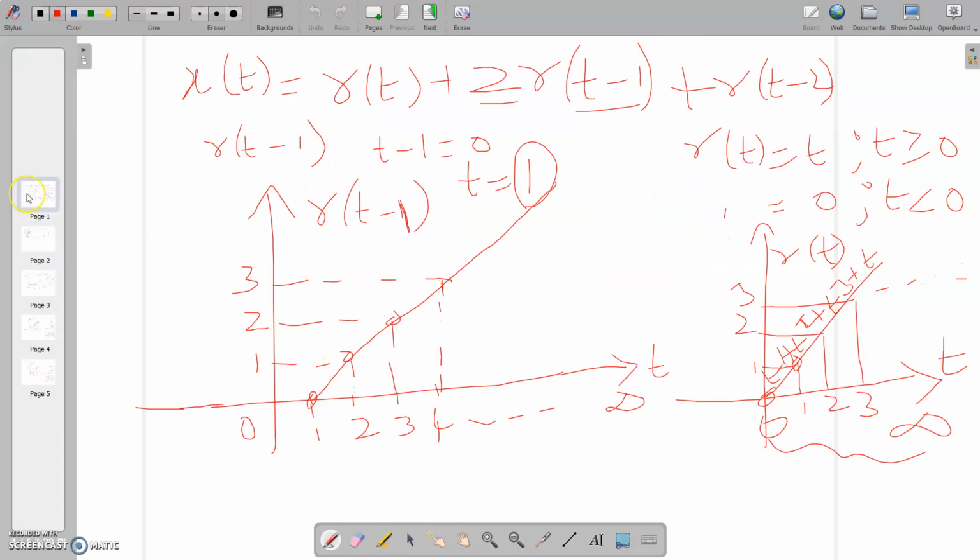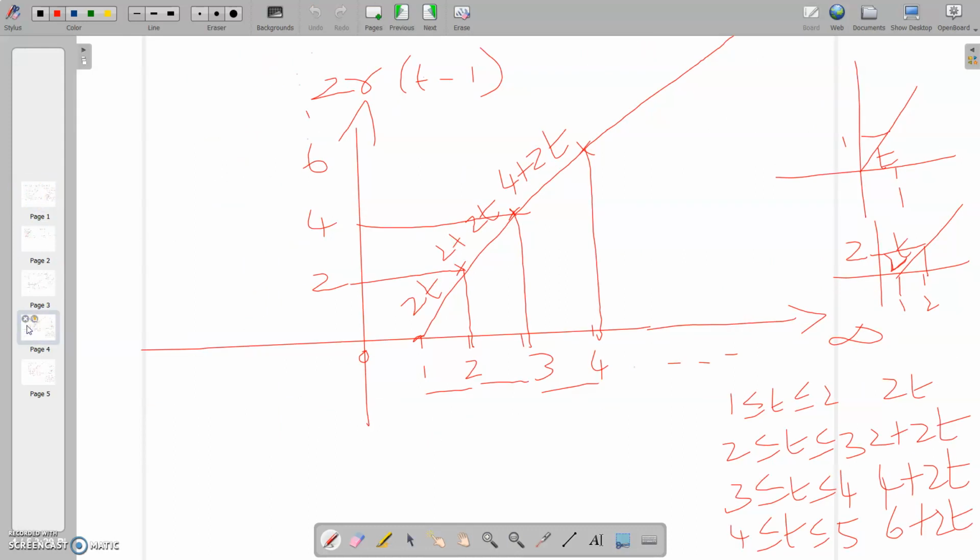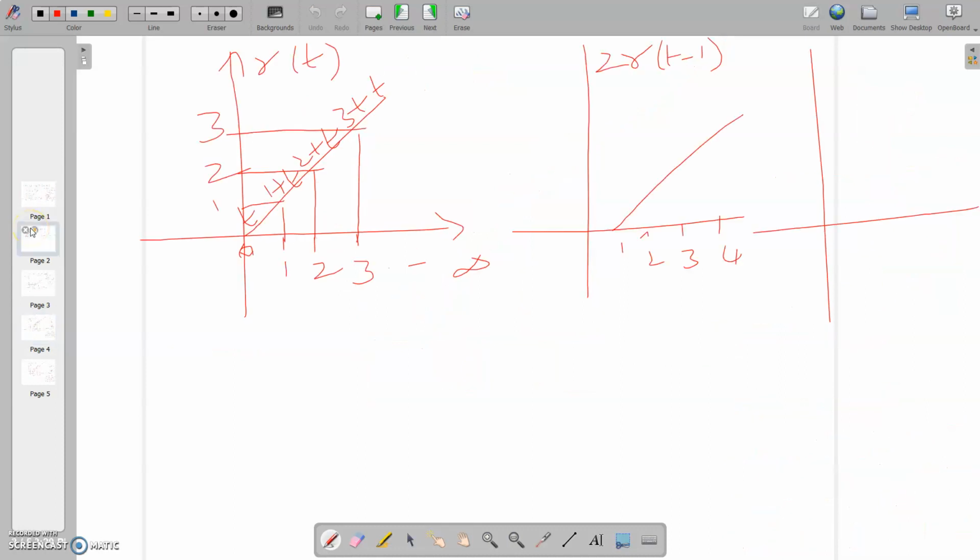What about your amplitude? So amplitude will be of 2t and 2 plus 2t, 4 plus 2t and so on. So this is 2t, this is 2 plus 2t, this is 4 plus 2t, this is 6 plus 2t and so on.